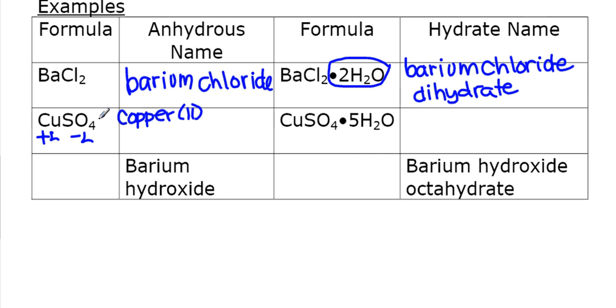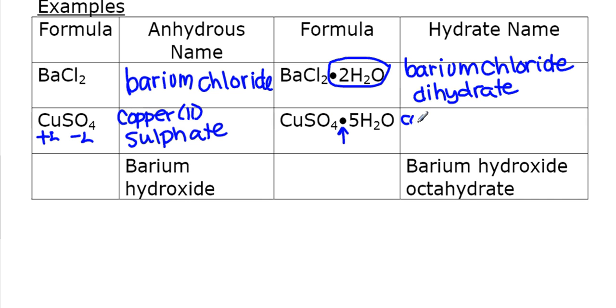And then we put the polyatomic ion name, which is sulfate. Now over here as a hydrate, again, the dot means water molecules are attracted. And how many there are: 5 waters for every 1 copper-2 sulfate.